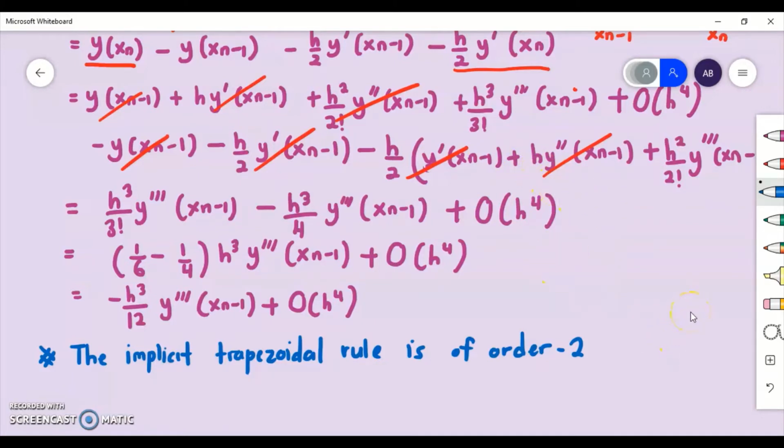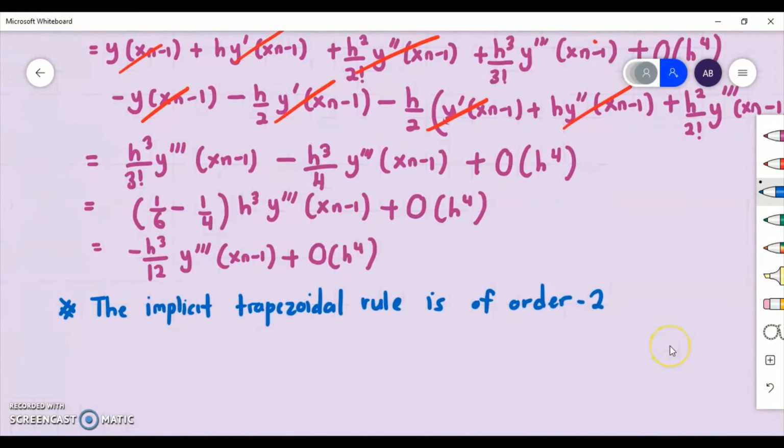And since I have some time now, I want to show you how the Taylor series expansion works for linear multistep methods. Okay, let me just find the question regarding the linear multistep method. So, we have this method.